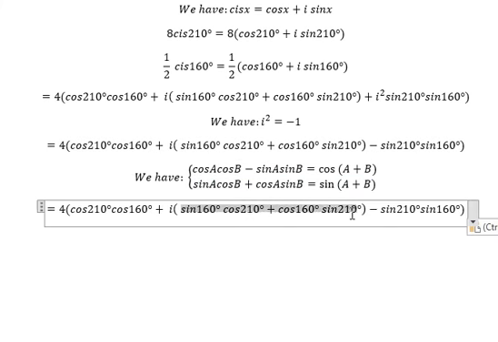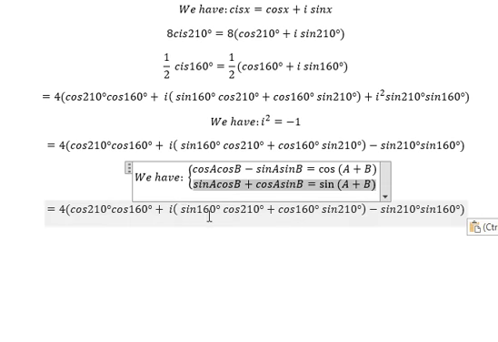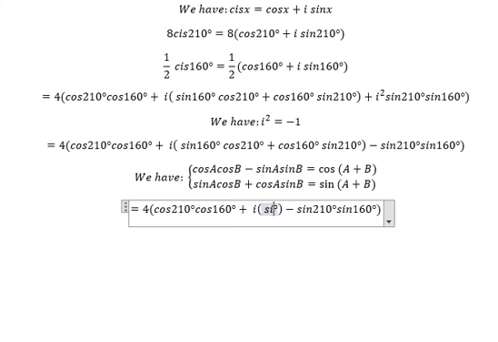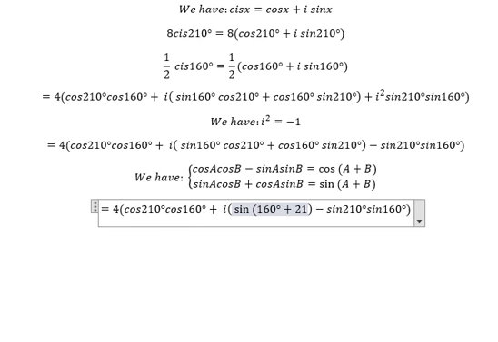For this one, we can use sine of 160 degrees plus 210 degrees.